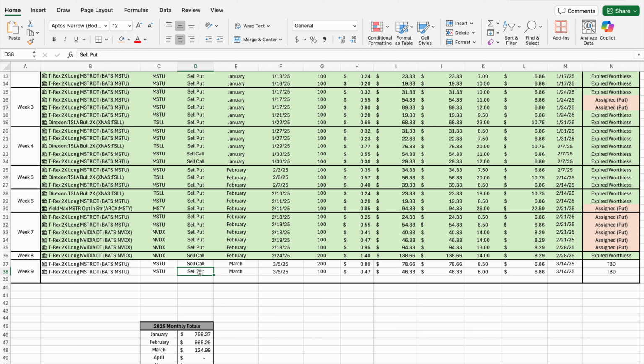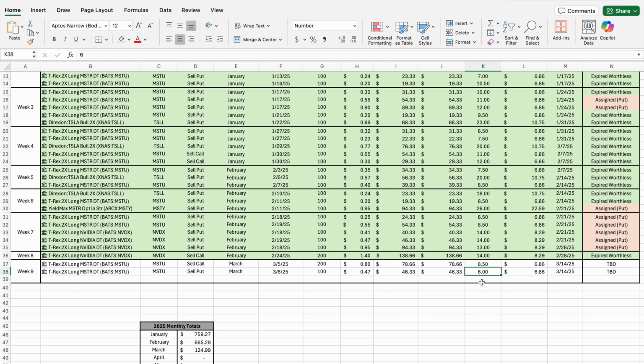MSTU went low enough today, I got it during a dip where it made sense to sell that put contract. So I sold 100 shares, or one put contract. I got $46.33 in premium for selling that. And again, remember that premium goes directly into my account when that sale is made. So that money is mine, regardless of what happens to the contract.